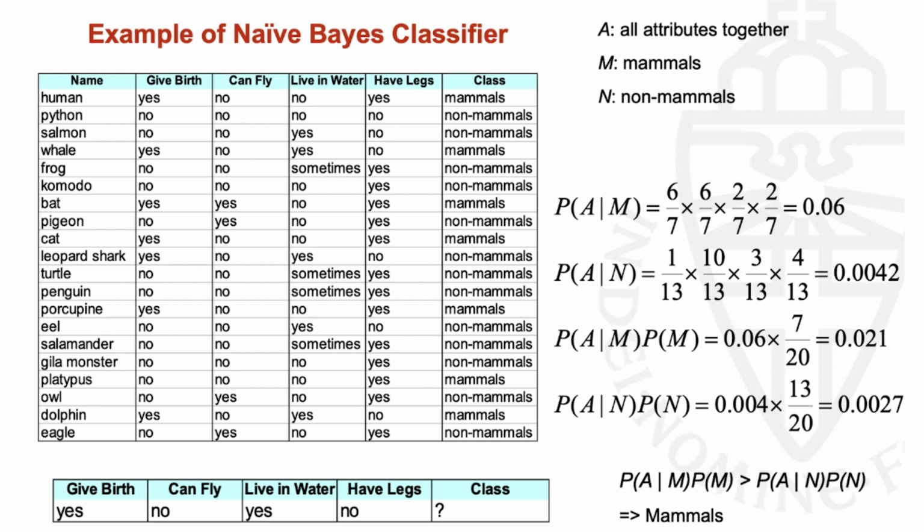Maybe because we're assuming independence of the variables? Exactly. Yes, we are assuming that knowing that something can fly gives me no information about knowing if it can give birth, and vice versa, right? That's why it's the naive Bayes classifier, which obviously doesn't really make sense, right? Because most things that can live in water don't really fly, for example. But that's what we assume.